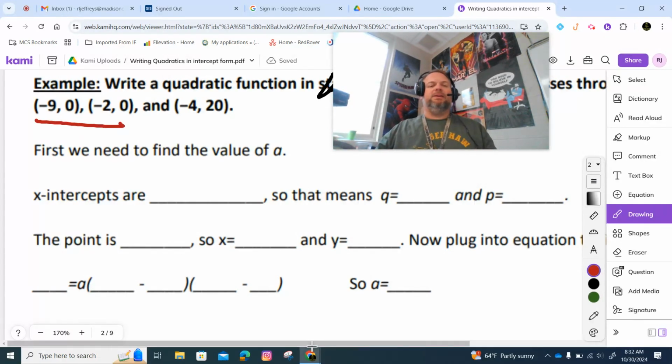All right. So our x-intercepts are, believe it or not, -9 and -2. That means our Q is -9 and our P is -2.